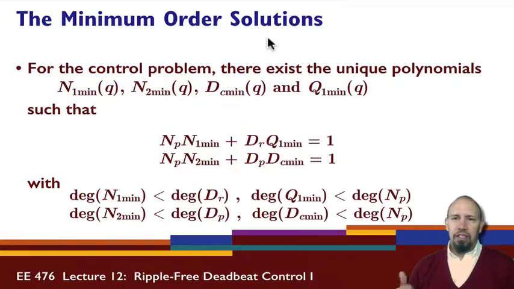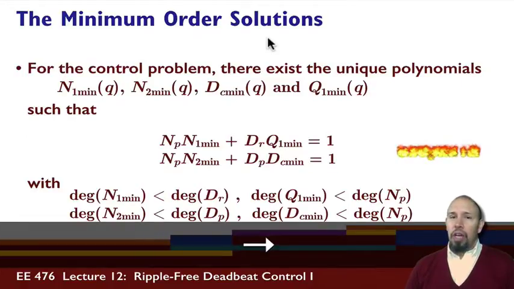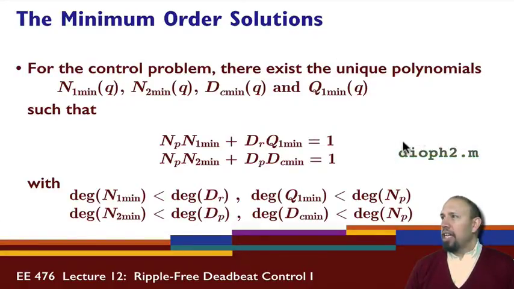We can calculate them in MATLAB using the command I've created called doff2. In doff2, you pass it np, dr, and dp, and it computes the minimum order solutions to these two Diophantine equations. So we're good. We can calculate these things.